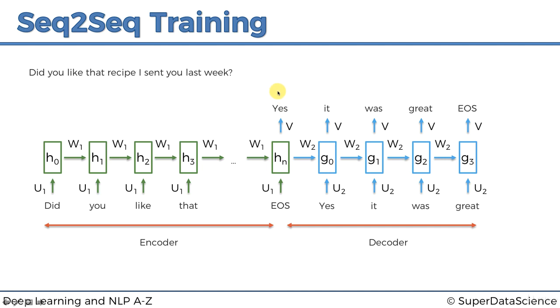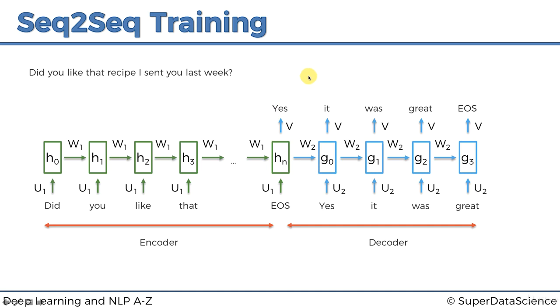Through the process of backpropagation, this sequence-to-sequence model is going to make sure that the probability of getting the word "yes" is the highest. It's going to update the weights and the parameters of the network in such a way that when the word "yes" comes up, it will have the highest probability.